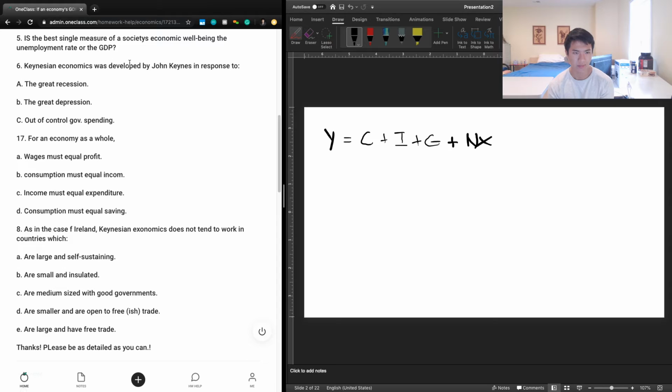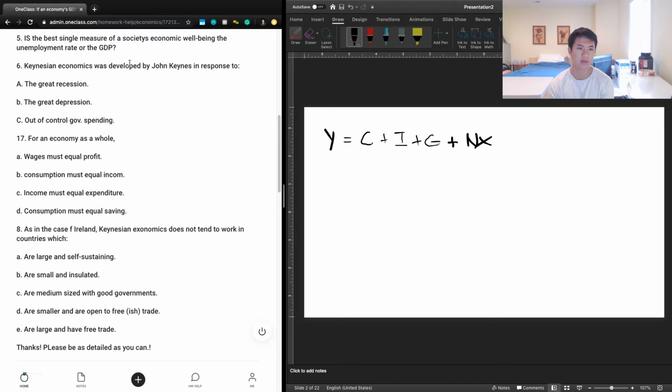This was developed a fairly long time ago, in response to the Great Depression, which was happening in the 20th century, right? John Keynes set out after the Great Depression to understand the role that government should play in getting the economy back on its feet.